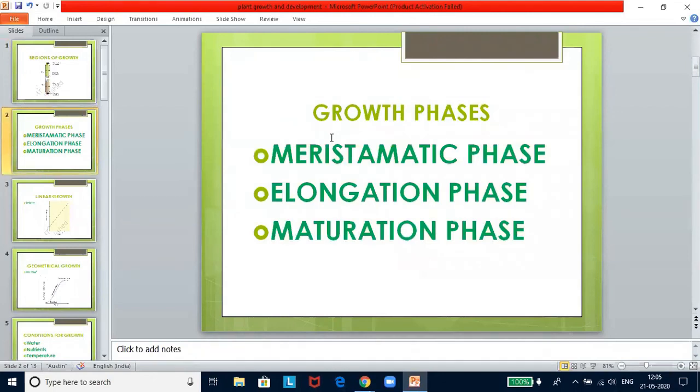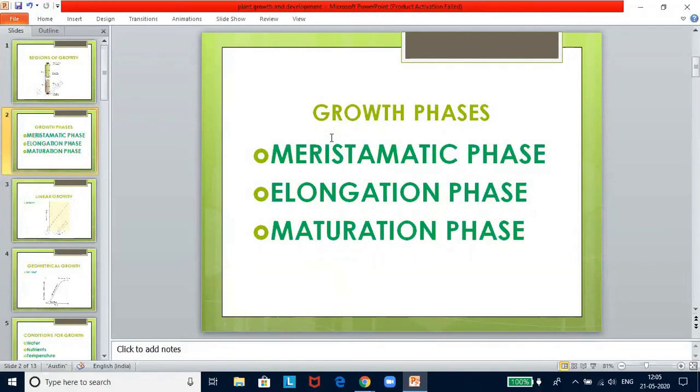In the meristematic phase or the lag phase, the cells keep on dividing at the root apex and the shoot apex, which represent the meristematic phase or phase of cell formation or cell division. The cells in this region are rich in protoplasm and have large conspicuous nuclei.